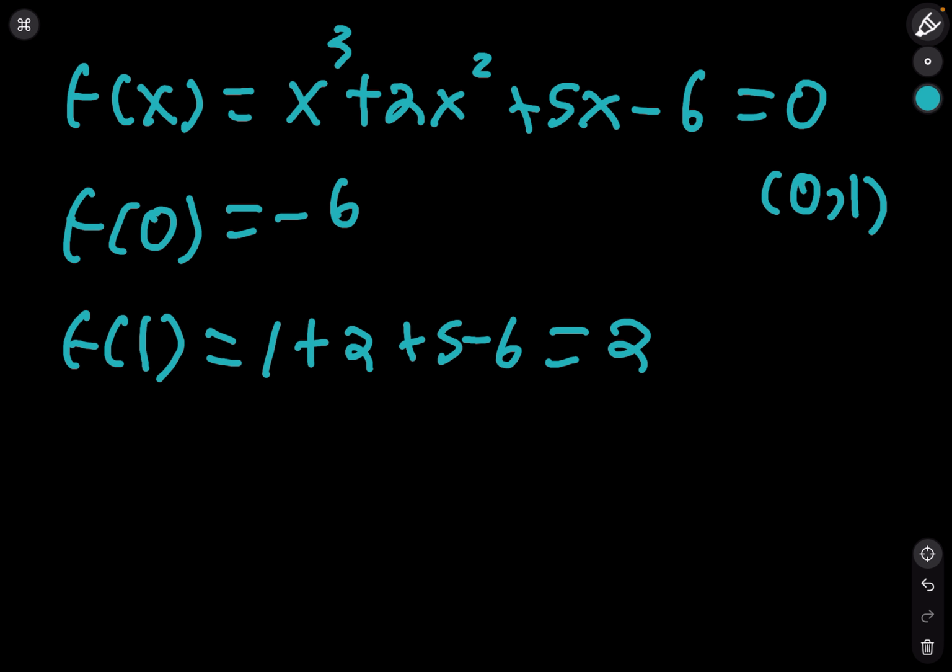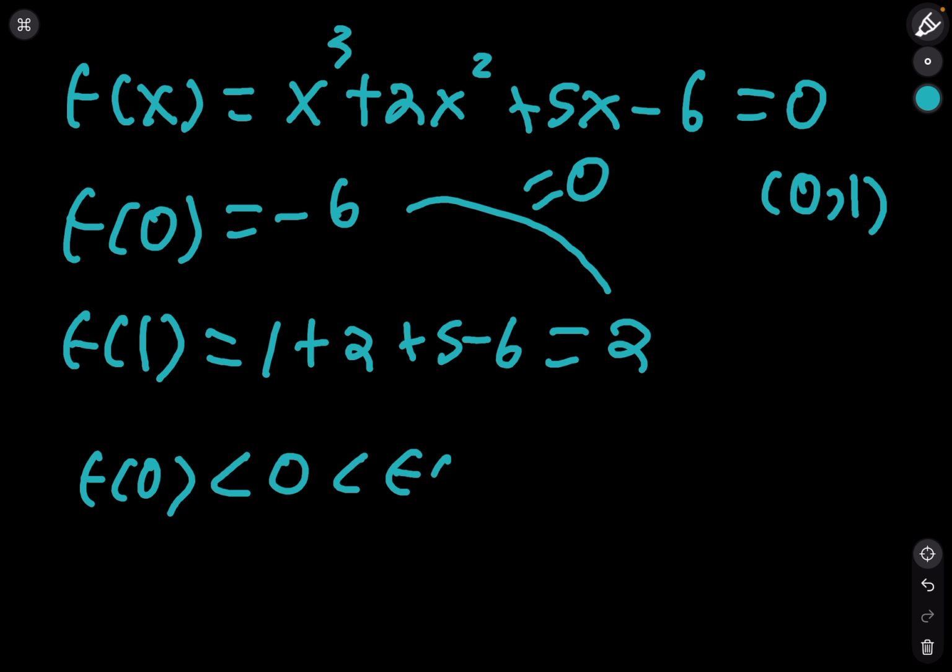And this is where the big part comes in. Negative 6 and 2 are on either side of 0. So we can write this as f of 0 < 0 < f of 1. The reason is that negative 6 is less than 0, which is less than 2.